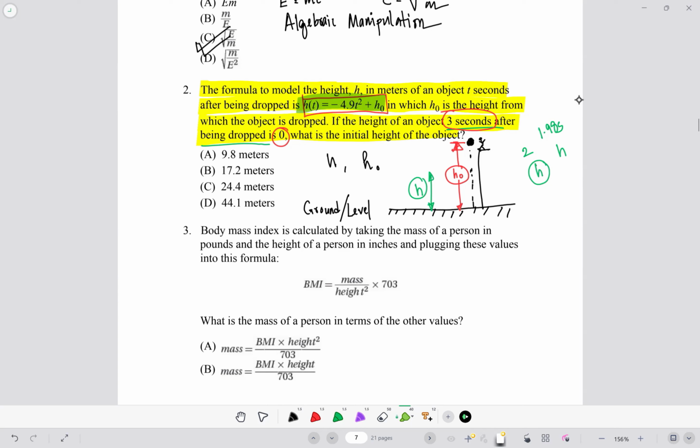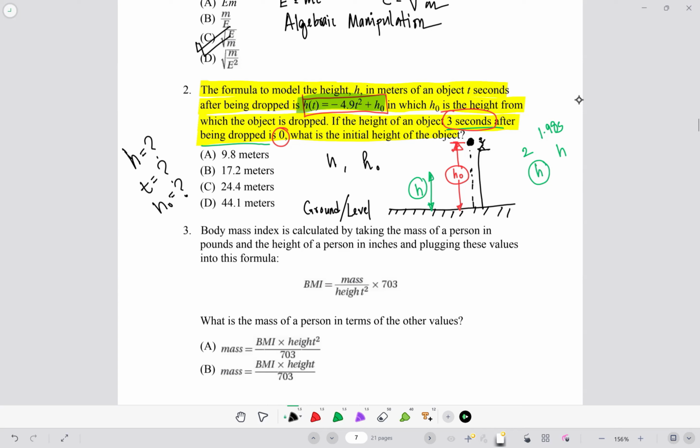What is the value of H, what is the value of T, and what is the value of H naught? Oh, okay. So H is 0 and T is 3 and H naught is what you're looking for. Exactly. Thank you. And that is what we are going to do.